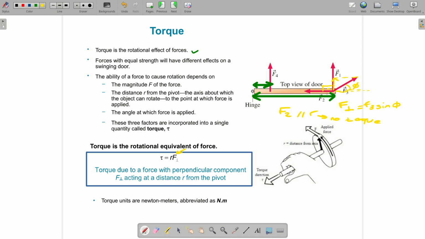The direction of torque will be decided depending on the rotational direction. We'll get to that. But actually, the physical direction of torque is found using the rotational direction with what we call the right-hand rule for torque.